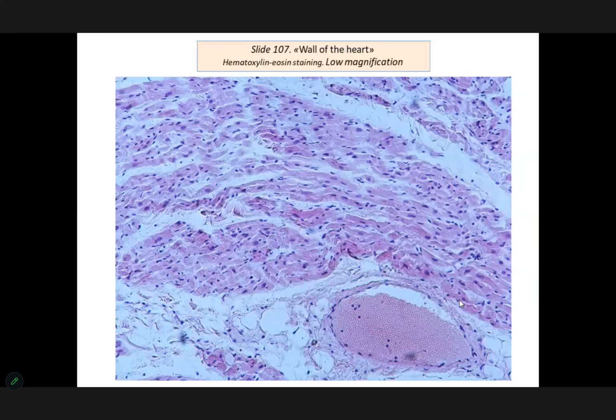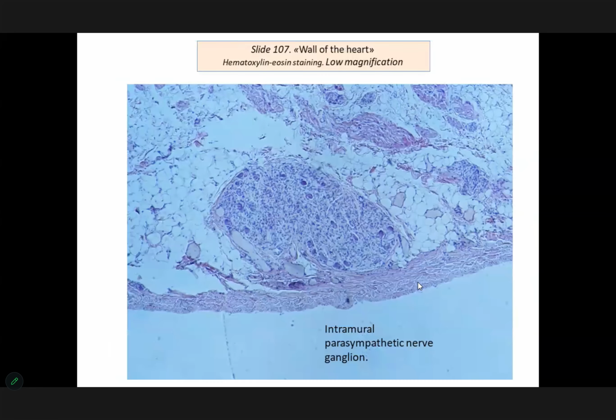Another example, large vein in the epicardium, and intramural parasympathetic nerve ganglion. Intramural means located inside the organ, inside the wall of some organ. In our example, inside the heart. Parasympathetic means about the parasympathetic nervous system.